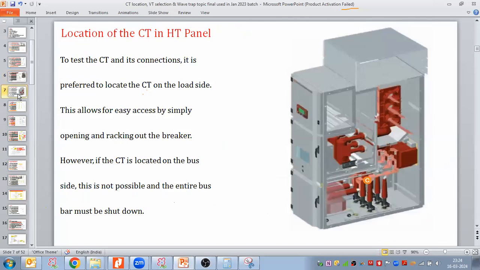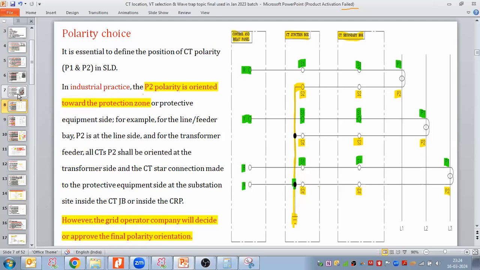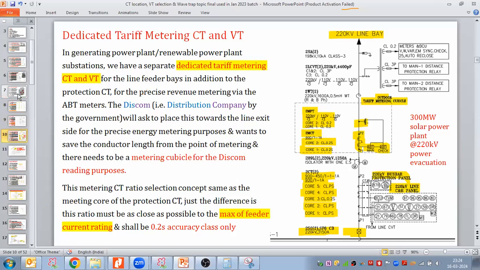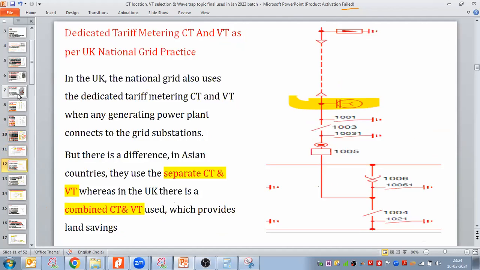When I was discussing the core splitting, I drew that what is to be protected is the most important, and we are minimizing the blind point. So we are using the core sensitivity. If I have any dual split core SLD, I'll show you that as well. Okay, Vishal.